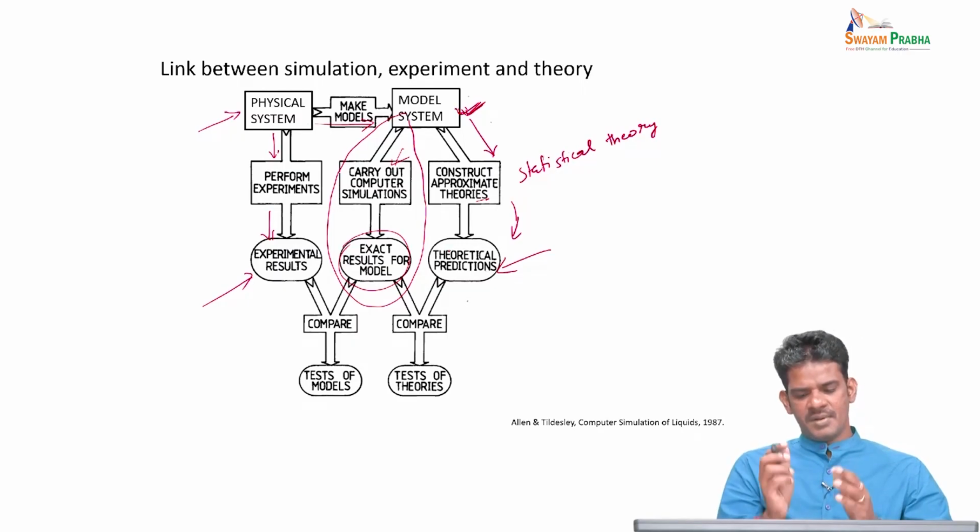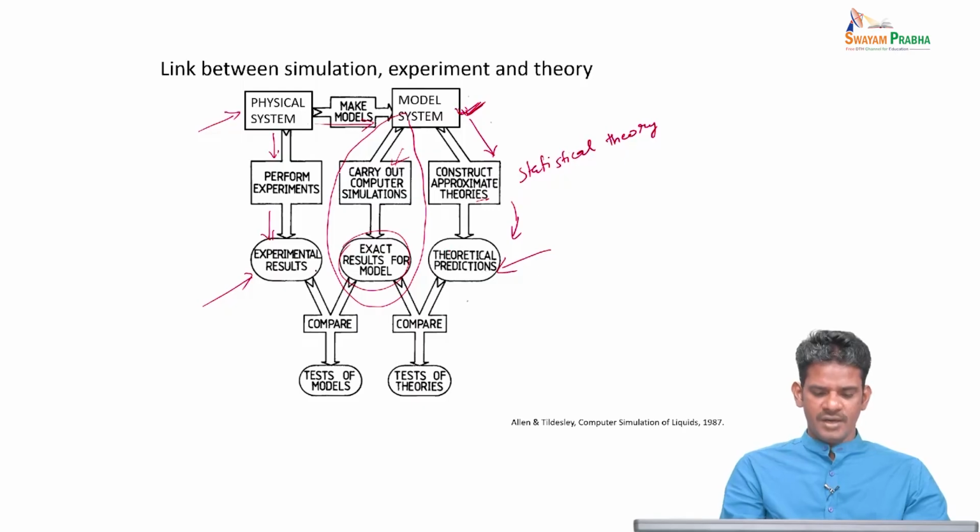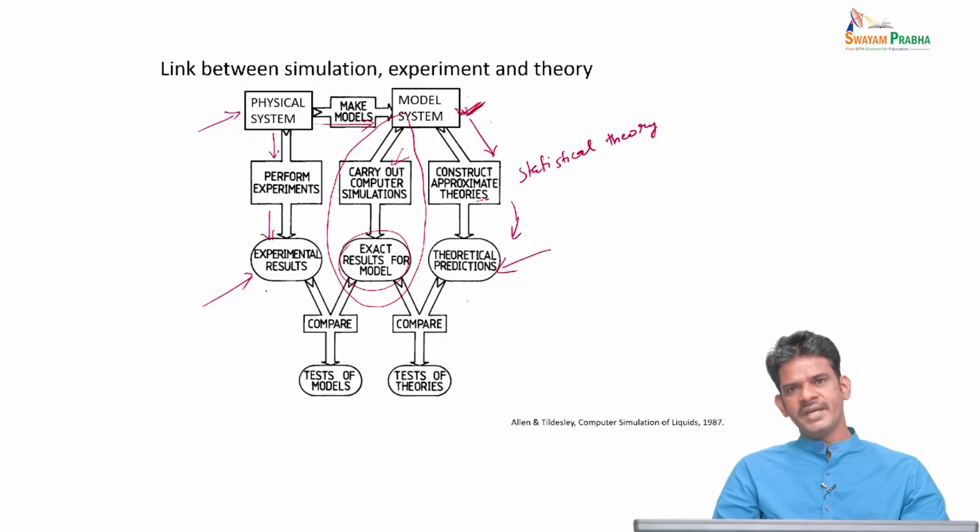Thereby computer simulation nicely fits in between experiments and theory to validate the theoretical predictions, at the same time also trying to explain the experimental data. That's why computer simulation has become one of the most important scientific methods of investigation. Whenever there is an experiment or theory, we often take help of computer simulation to support the results.